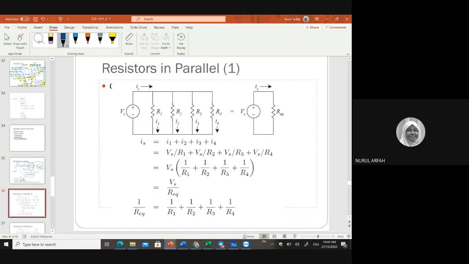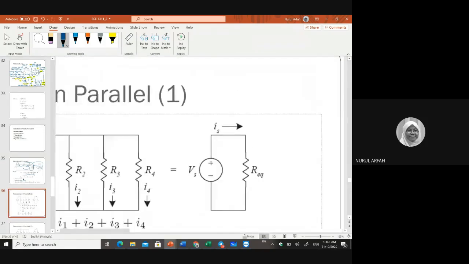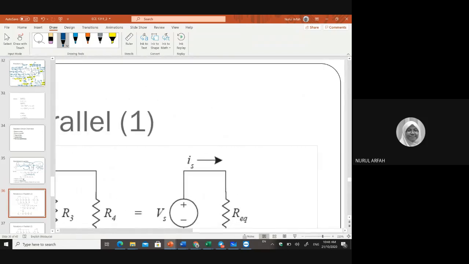For resistors in parallel, you have everything in parallel. Before that, the theory is if you have elements in series, two elements are connected side by side, so you have one single node in between them.